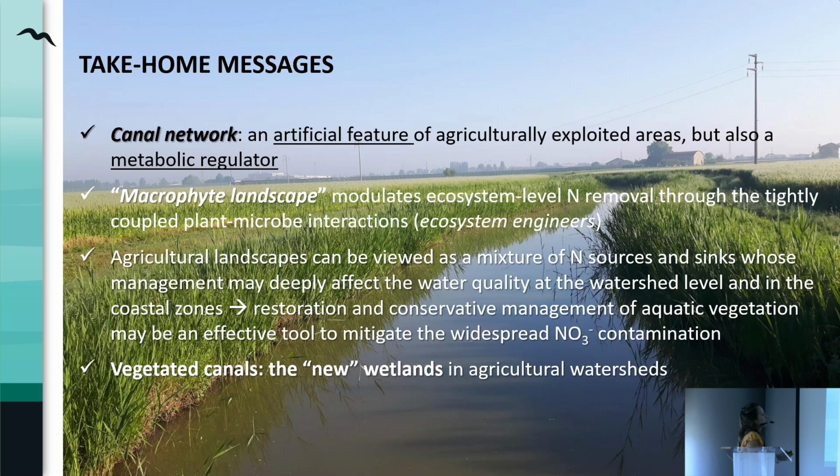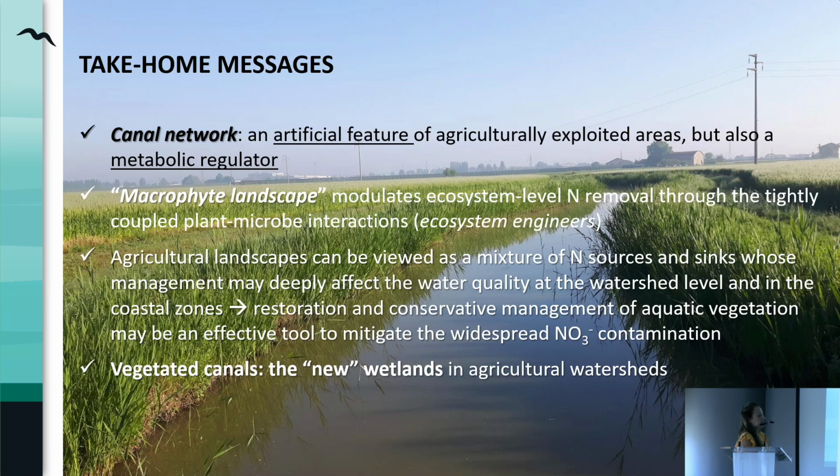So what are the take-home messages? The canal network, even if it's an artificial feature of a very agriculturally exploited ecosystem, can also be a metabolic regulator. And the element that supports this ecosystem service is macrophytes, is aquatic vegetation. And the vegetation modulates ecosystem level nitrogen removal through its tight coupling with bacteria.